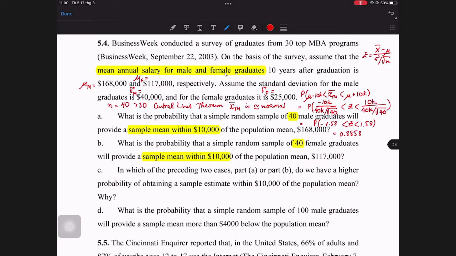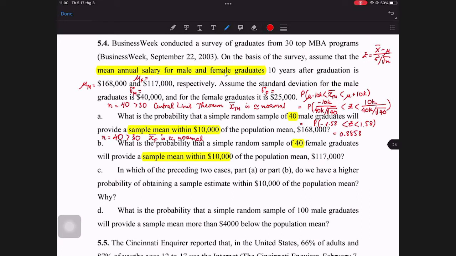Now you can just do the same for females. Again, we have to prove that x bar from female here is normally distributed. So we say n here is equal to 40, greater than 30. So x bar for female is approximately normal.